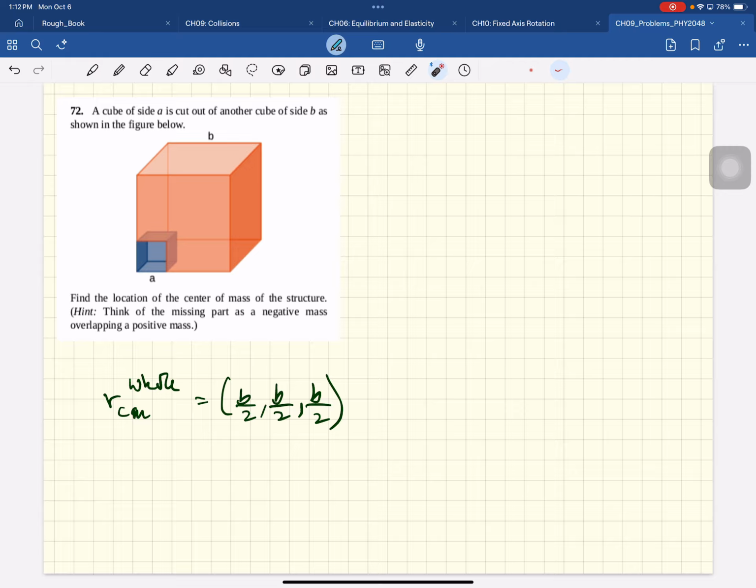All right, so here's what we'll do. Imagine the whole piece there, so fill this up. The center of mass of this piece is a by 2, a by 2, and a by 2. Let's call this M1, and we'll call this M2. We don't know its center of mass, and that's what we're trying to find.